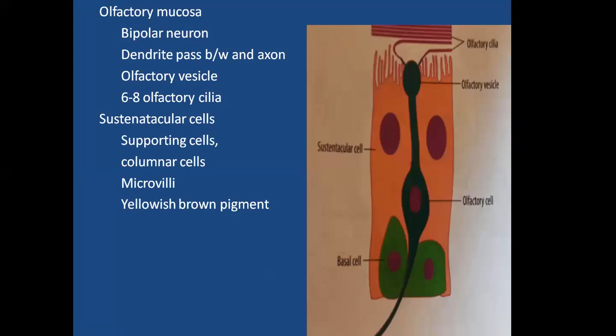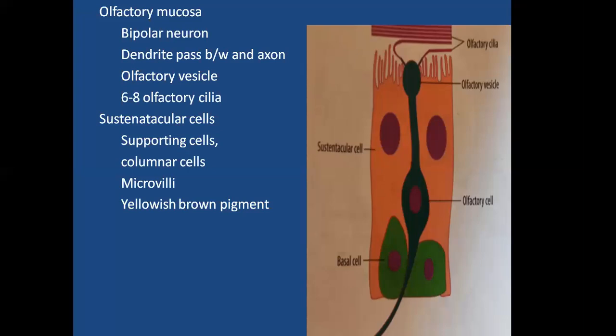Now, the third type of cells are the basal cells. The basal cells are the stem cells for the olfactory cells and sustentacular cells, because olfactory cells and sustentacular cells have wear and tear, and they have a limited lifespan.